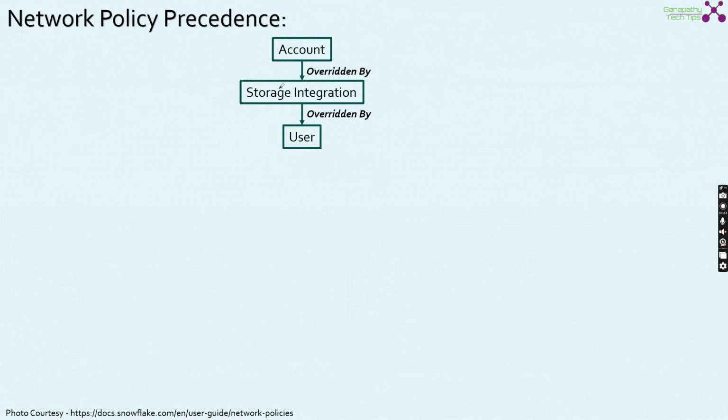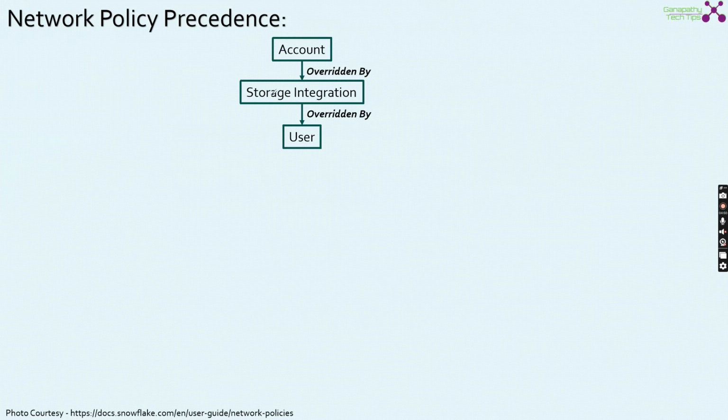Now the network policy precedence. We saw 3 things: account level, user level, storage integration level. What if I have a network policy which is associated at all 3 levels? Which takes more precedence? It's a very natural question. So this is how Snowflake explains it. First, it will take the account level.